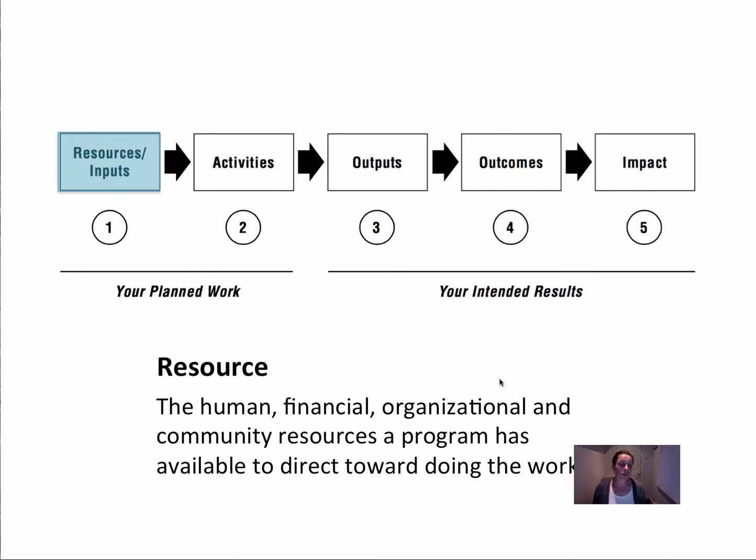Okay, resources. Resources are human, financial, organizational, and community resources a program has available to direct toward doing work. The only thing really of note here is that you will notice that a program has available to direct toward doing work, and the resources are organizational. Often when charities talk about social impact, they evaluate their impact at the level of the program.